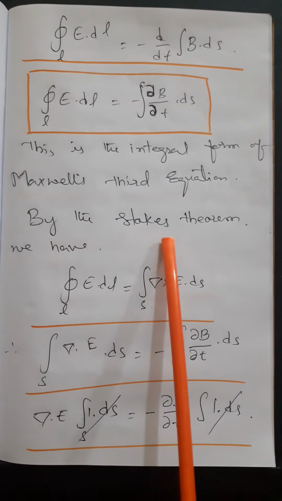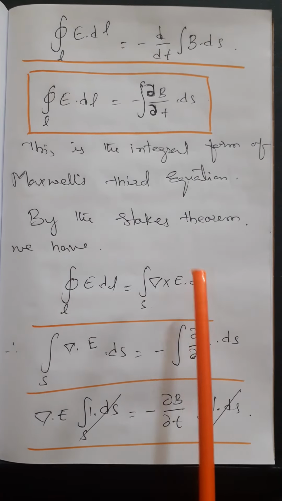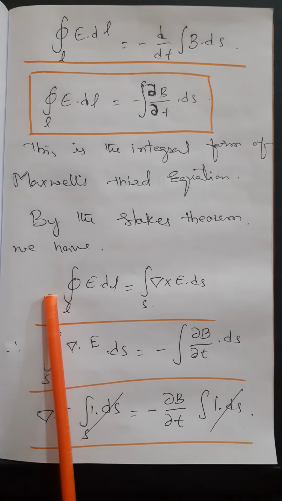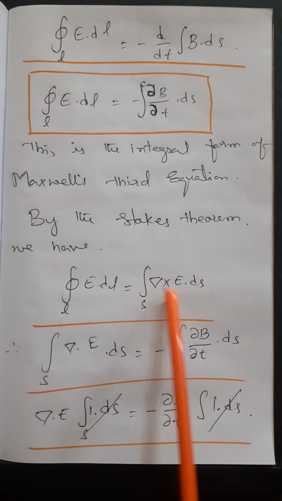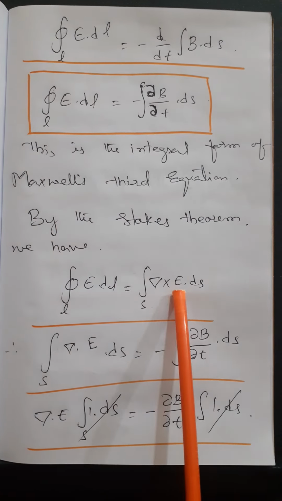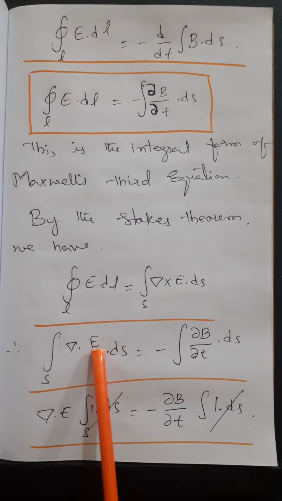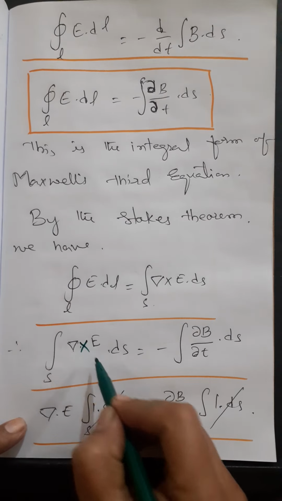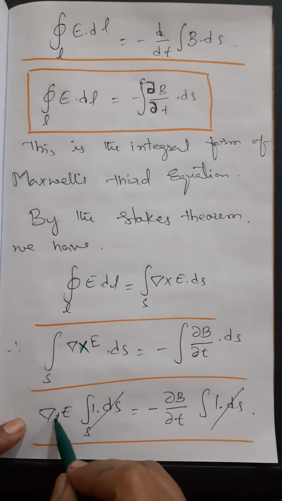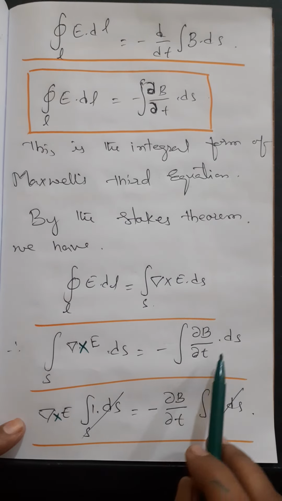Now by Stokes theorem, a line integral can be converted into a surface integral, and a surface integral can be converted into a line integral. So the line integral term we are converting into a surface integral. So this term is replaced by del cross E dot ds. So the left hand side is del cross E dot ds is equal to minus dou B by dou t dot ds.